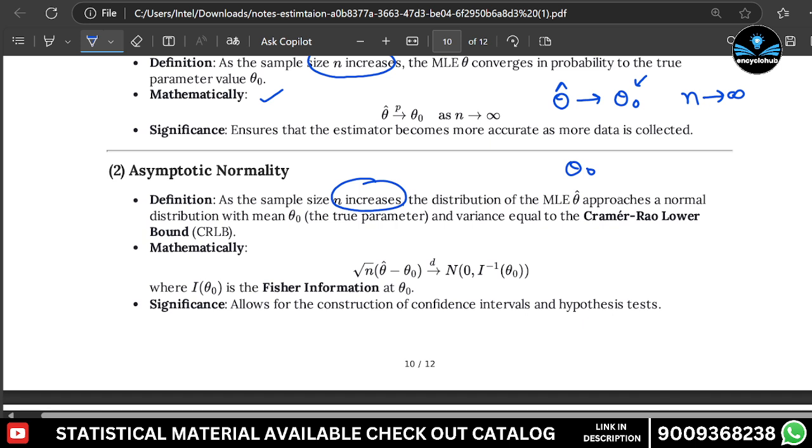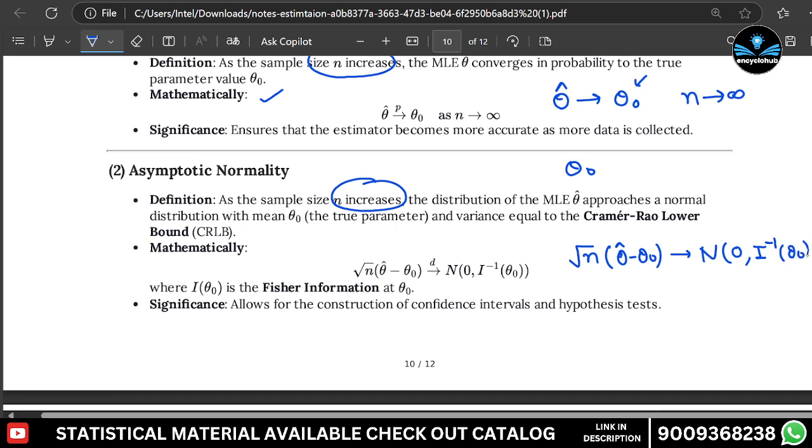So mathematically, we can say root n times (theta cap minus theta 0) tends to a normal distribution where the mean is 0 and the variance is equal to the Cramér-Rao lower bound.